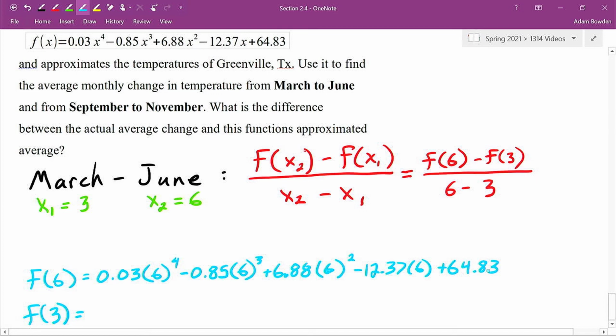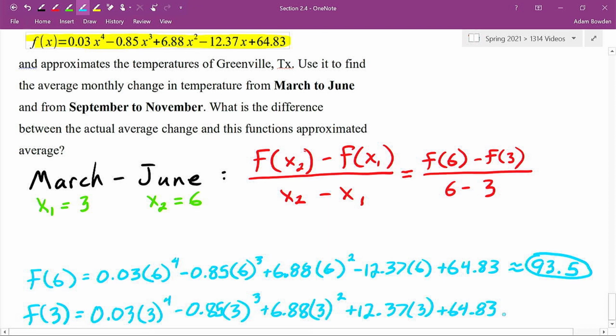I'm just using the function from up above, and I'm substituting in the number 6 for x. When I did the calculation for that, I had to round it off to 93.5. We'll do something similar for f of 3. Having substituted 3 in here and running the numbers, I came out with 69.12.